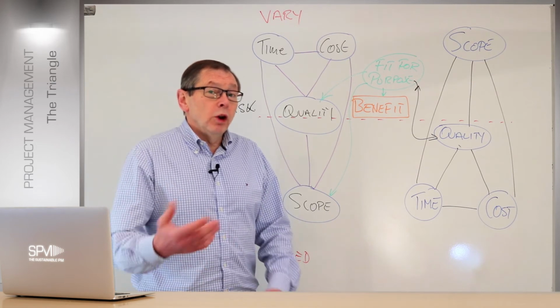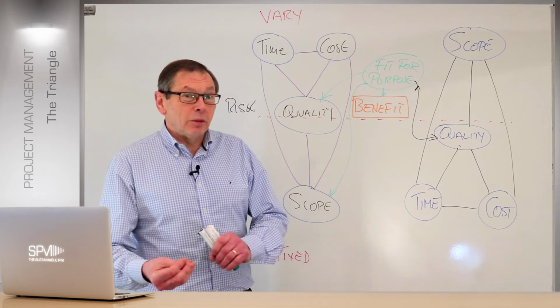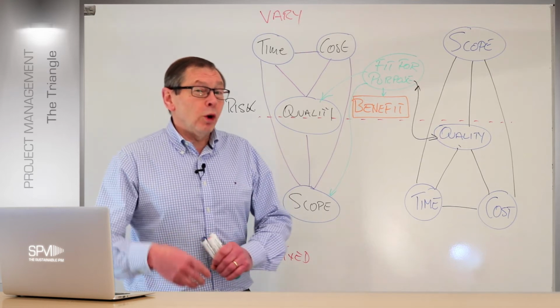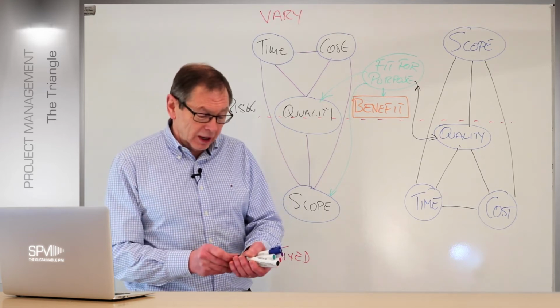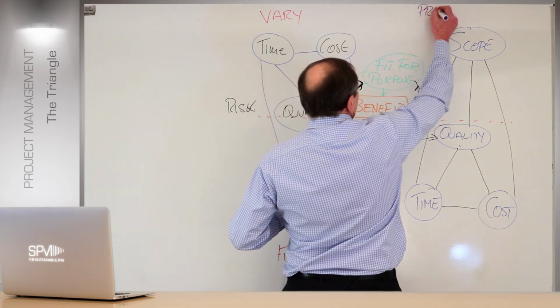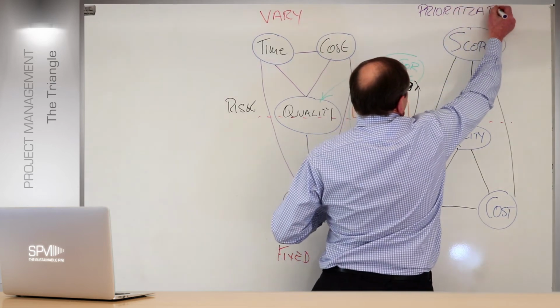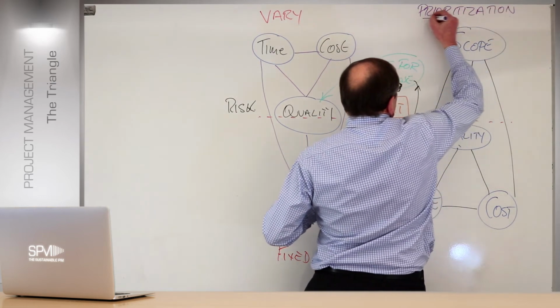Now, we've already looked at scope and said, well, in some cases some of the scope can actually be left off, right? And what are we doing there when we look at that particular mechanism? We're using a technique called prioritization, right? And there are many forms of prioritization, okay, right?